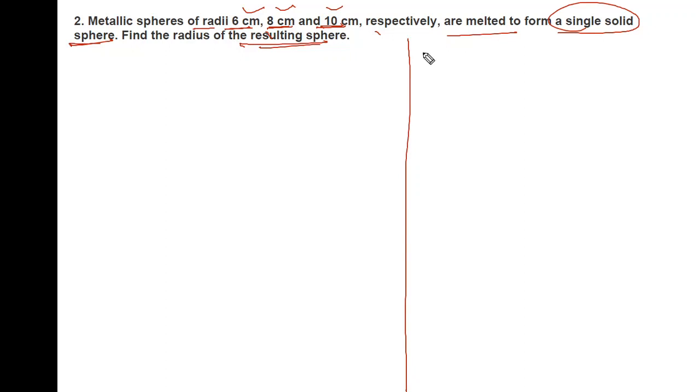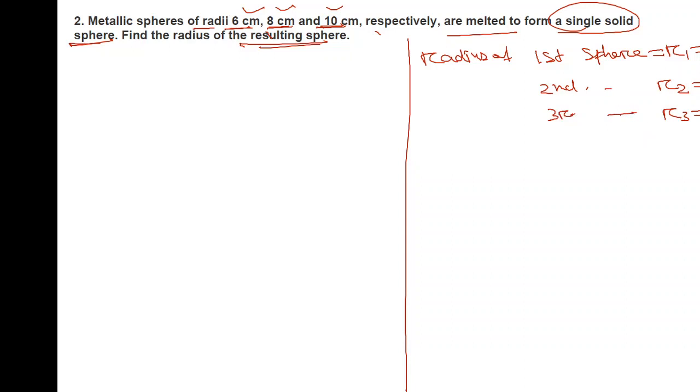So what you can see, there are 3 metallic spheres. So you can write radius of first sphere is r1, you can say r1 equal to 6 cm. Similarly, radius of the second sphere is r2 equal to 8 cm, and similarly r3, the radius of the third sphere, will be equal to 10 cm.